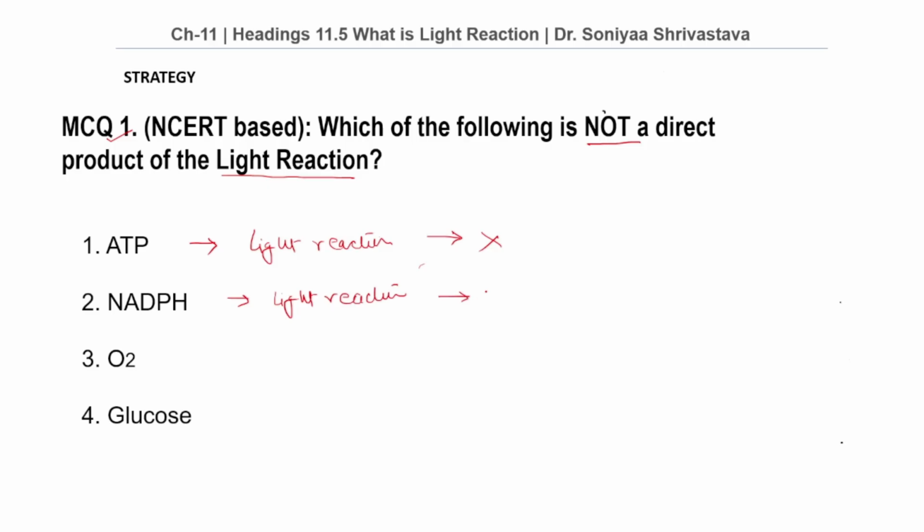So this is also not our option. O2 is produced by photolysis during light reaction. So this is also not our option. Question asks, which of the following is not the direct product of light reaction? So we have seen that glucose is produced during the dark reaction. So this is not a direct product of light reaction. So this is our answer.